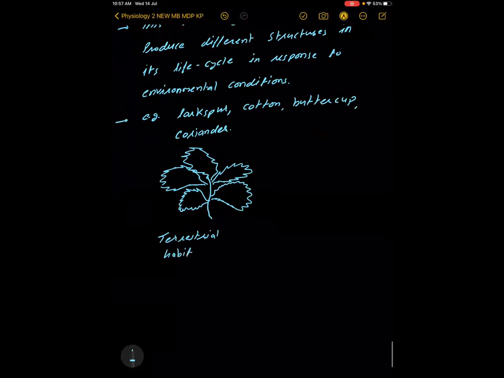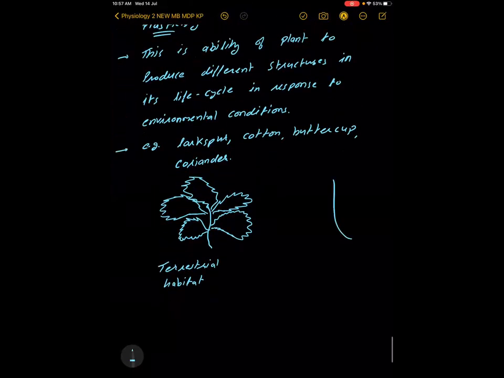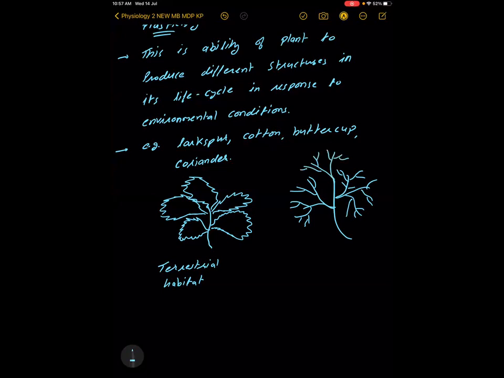But in water habitat, aquatic habitat, they produce different types of leaves which are highly dissected, like this.